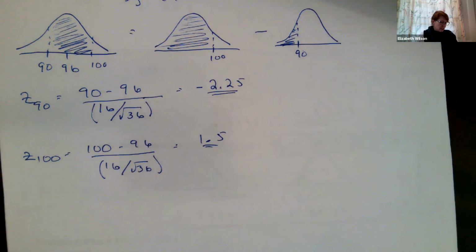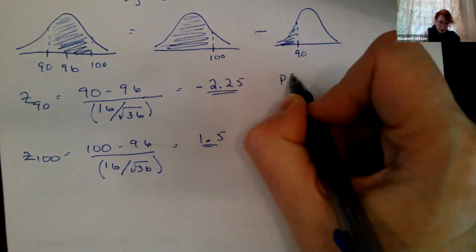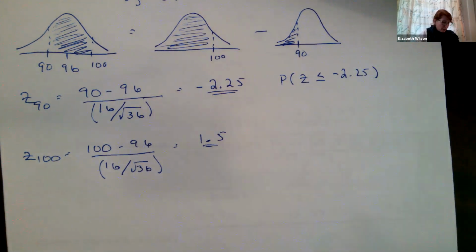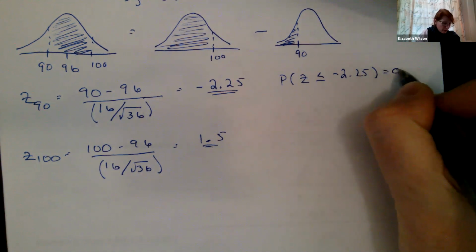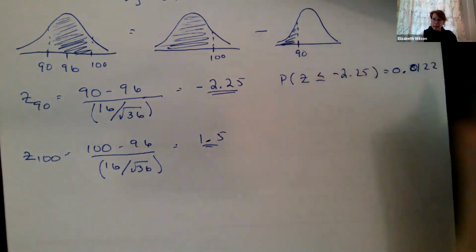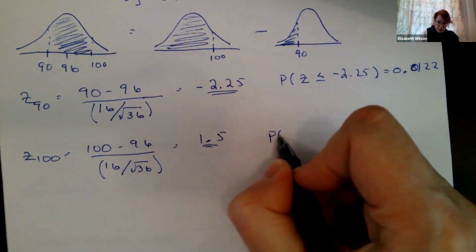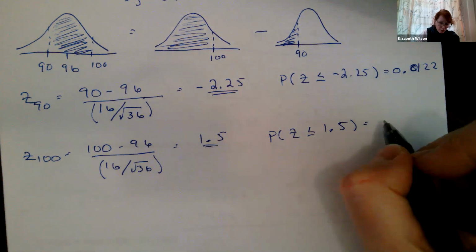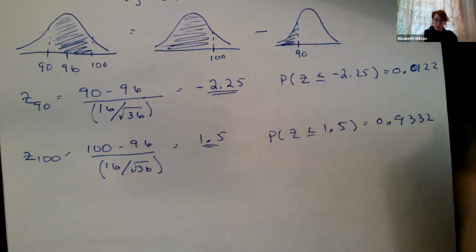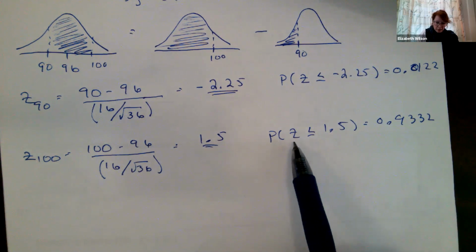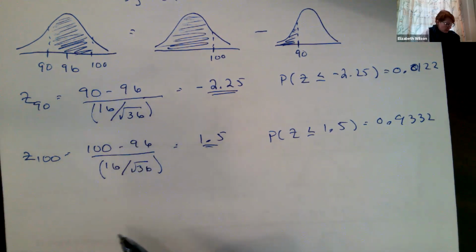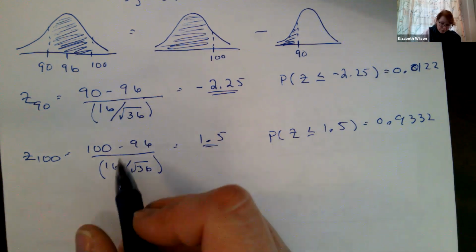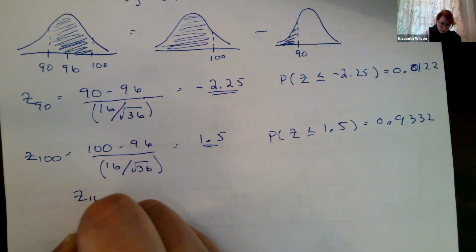These are the values that I need to look up. The probability that z is less than or equal to minus 2.25 is what my table is going to show me, which is equal to 0.0122. I looked that up on my table. The probability that z is less than or equal to 1.5, I looked that up on my table, I got 0.9332. So I'm going to subtract my 90 from my 100.